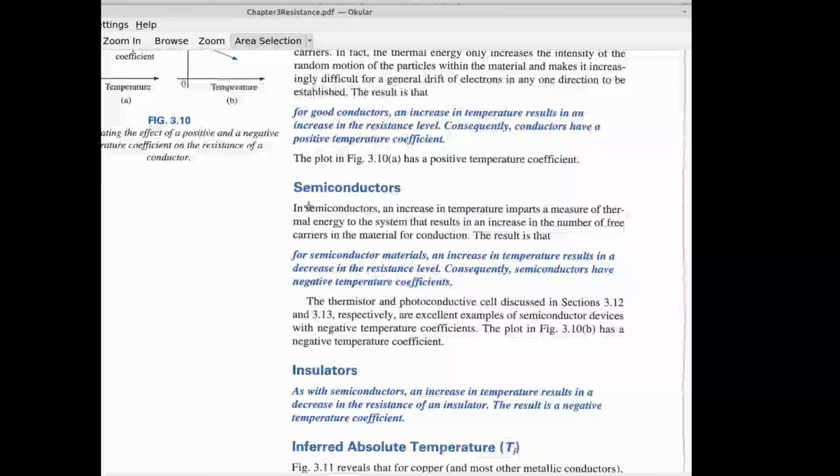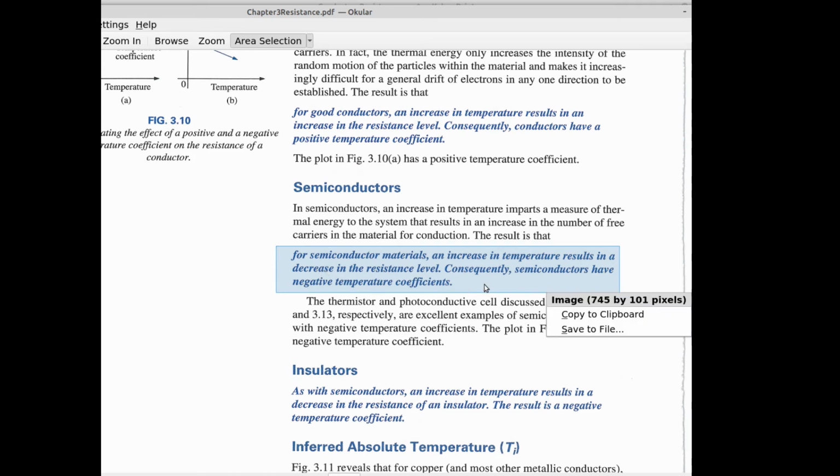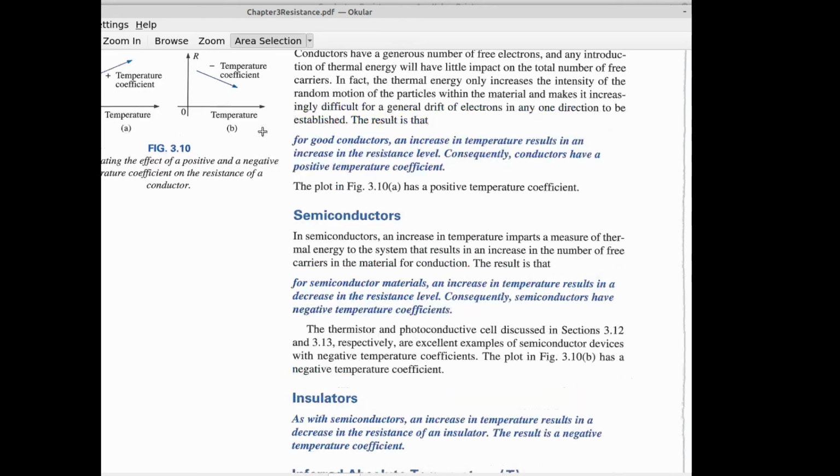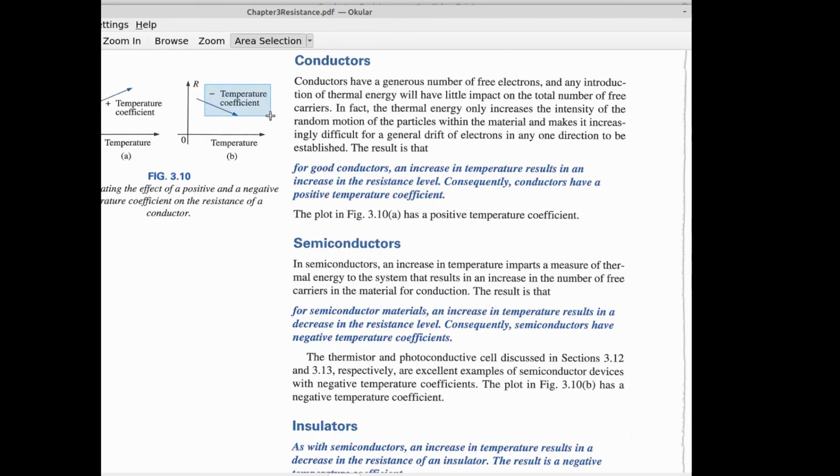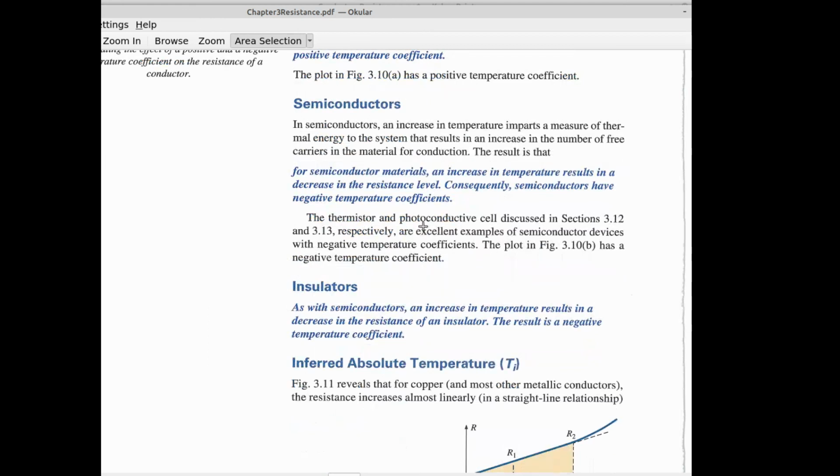Semiconductor type materials, on the other hand, as they heat up, will result in a decrease in resistance, and that's referred to as the negative temperature coefficient. So as the temperature goes up, the resistance actually goes down. Okay, and that's also true for insulators. So as insulators heat up, they don't insulate quite so well.